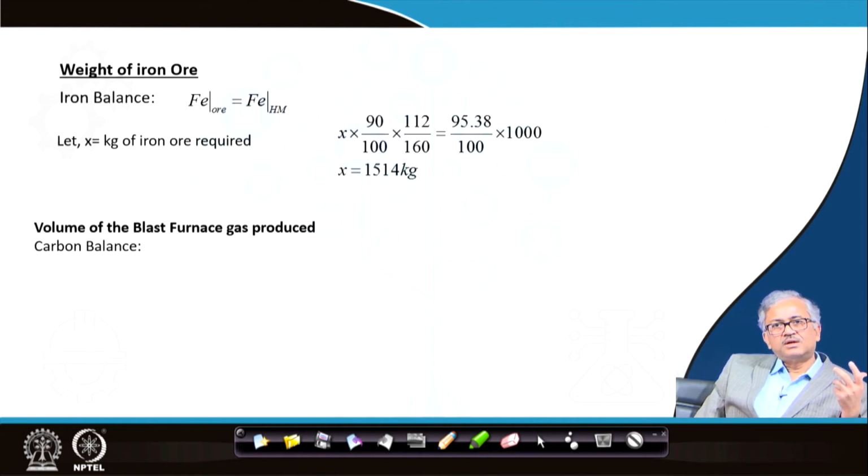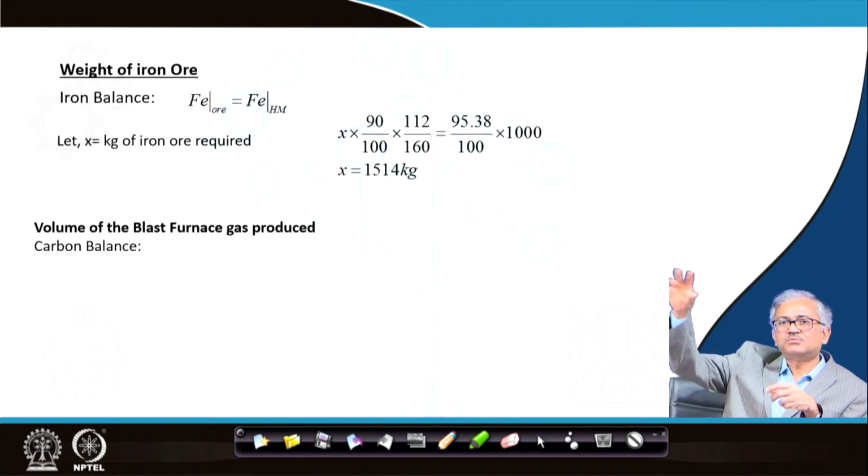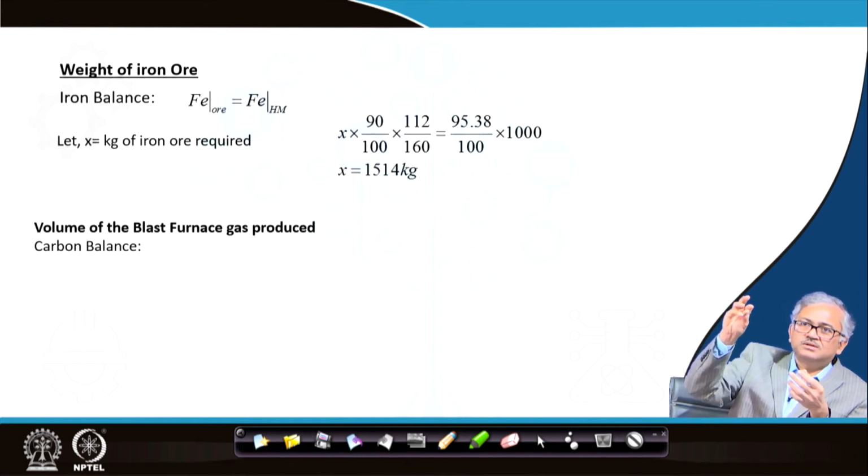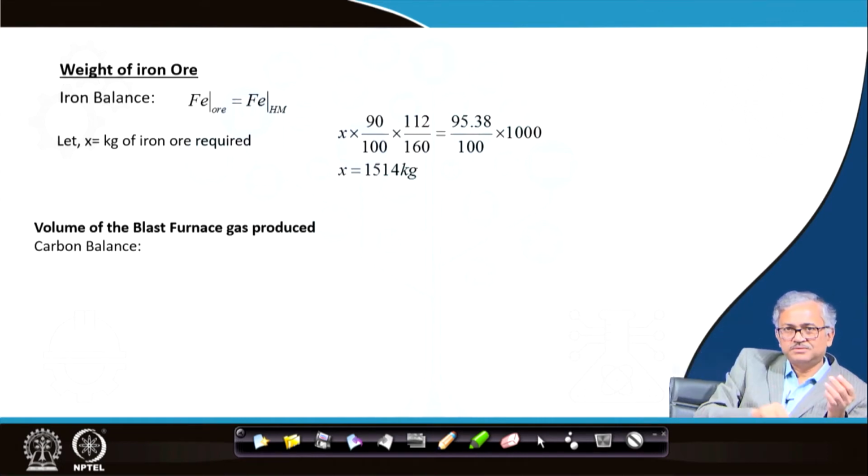But another way we can calculate is if I know the moles of CO and CO2 produced in the exit gas. That is possible, because whatever carbon is coming in, part of the carbon goes to the hot metal and the rest of the carbon joins the exit gas. So, whatever carbon goes into the exit gas contributes to all the carbonaceous components like CO and CO2.